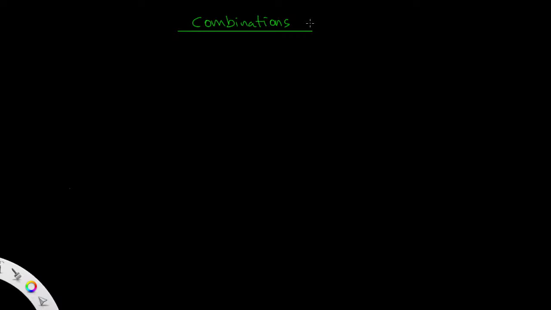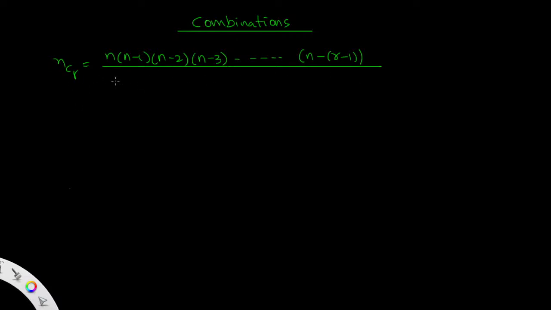Similarly, nCr equals n into (n minus 1) into (n minus 2) and so on, up to r terms, that is n minus (r minus 1), divided by r factorial, which is 1 into 2 and so on up to r.